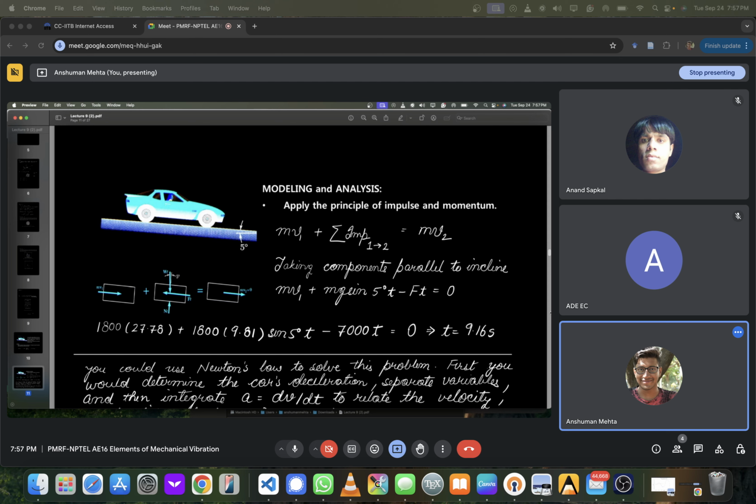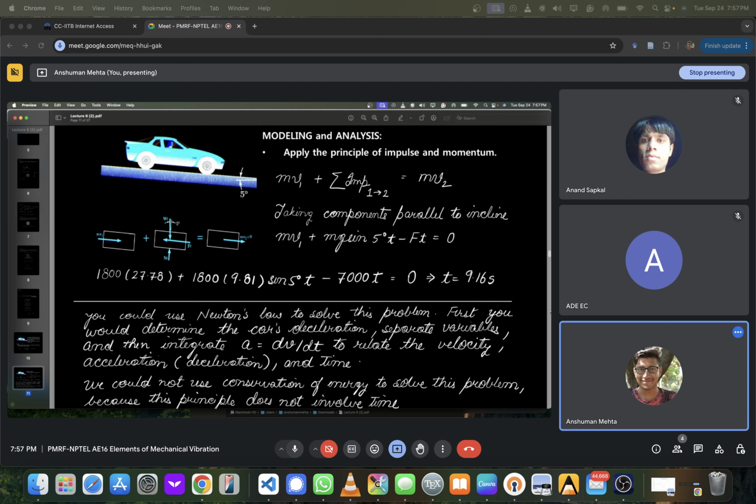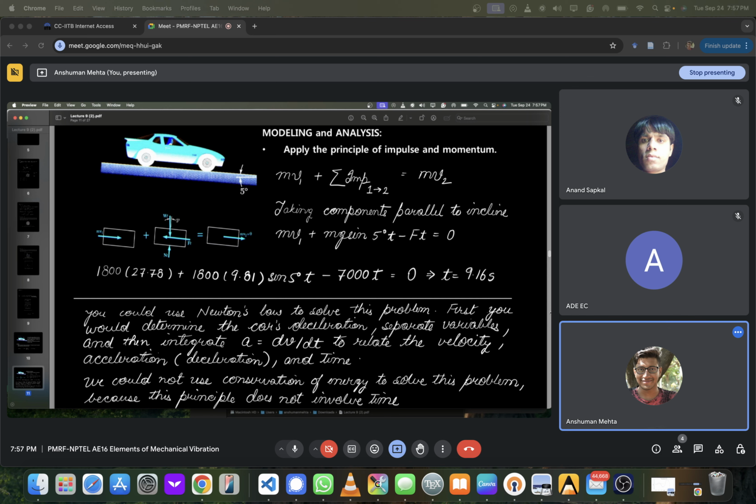Now taking components parallel to the incline, mv1 plus mg sine 5 degree times t minus the braking force Ft is equal to 0.